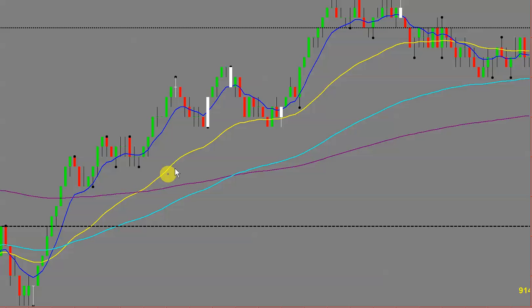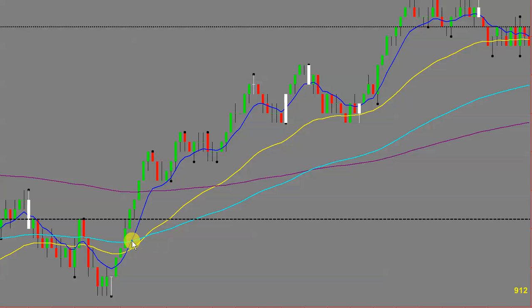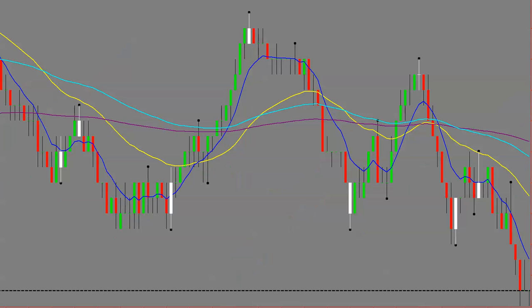Just remember, follow the yellow and the blue. And the sweet spots. Now, what's the sweet spot, by the way? When the yellow's above the 89 and the blue's above the yellow, these are the sweet spots, and you'll get these fire off left, right, and center every single day.